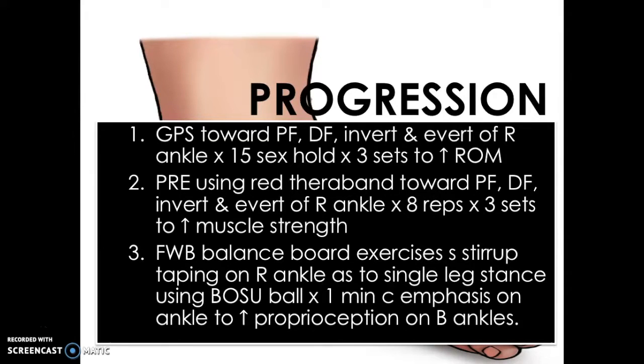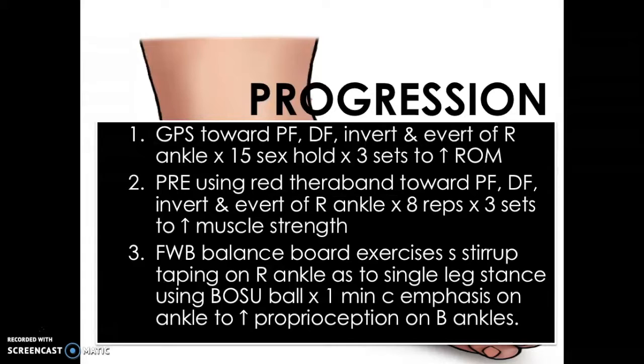So in the return to function phase, we will be doing GPS or gentle passive stretching, especially towards plantar flexion and dorsiflexion, also in evert and invert of the right ankle. For 15 seconds hold for 3 sets to increase ROM. We will also be doing PREs using the red TheraBand towards plantar flexion and dorsiflexion, invert and evert on the right ankle to increase muscle strength.